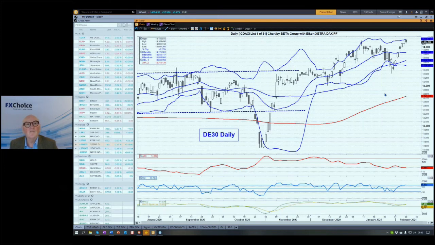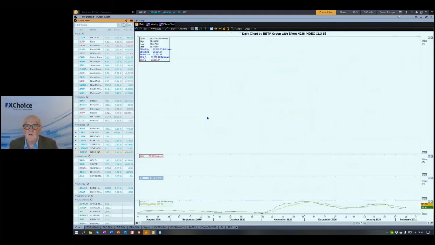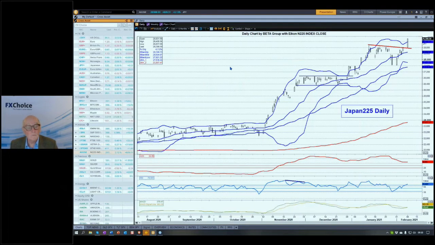So from a trading perspective, I think this is almost the best index. I suppose the S&P, because it goes on and on and on. This one is breaking to a new high, a significant new high, not like it breaks every day. But the one I like most is one that may not be on your normal radar, which is the Japan 225.